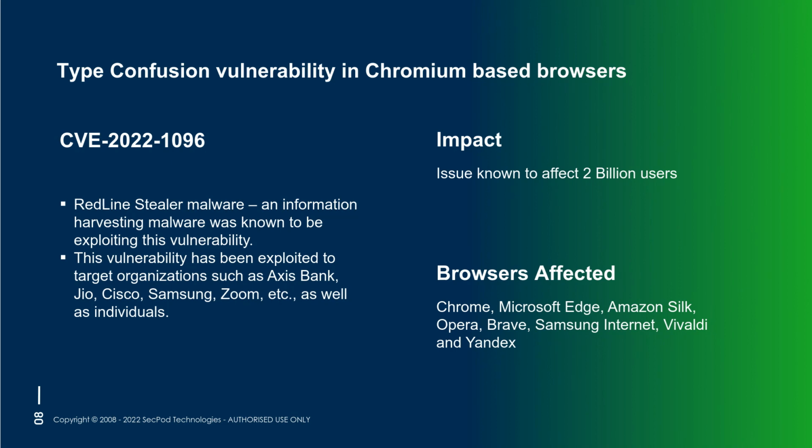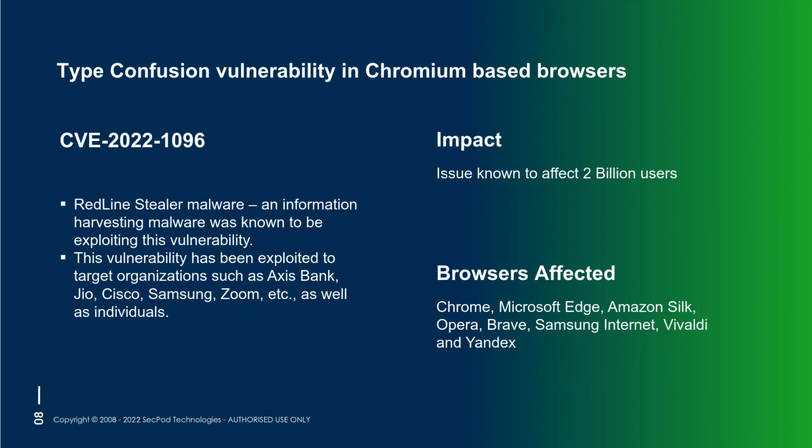Though Chrome did not reveal a lot of details about this vulnerability to contain the attack, it was already known that there was a malware named Redline Stealer, which was collecting information from systems like passwords, usernames, and other stuff. When dark web logs were checked, as per a report, it was identified that a huge number of organizations were actually affected by these issues.